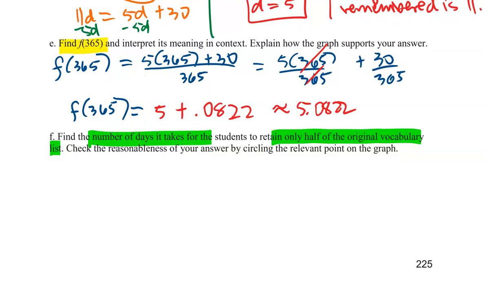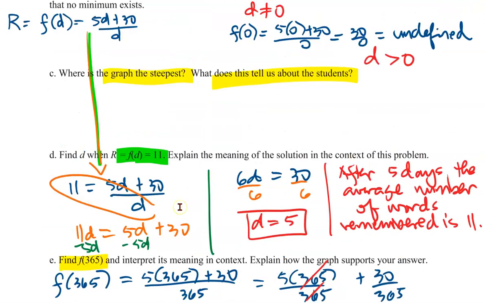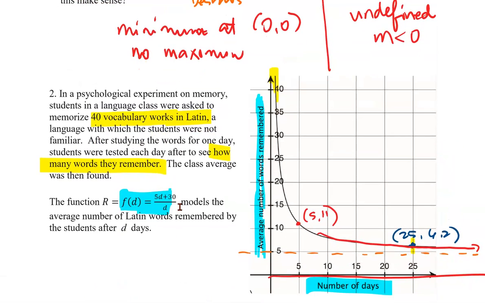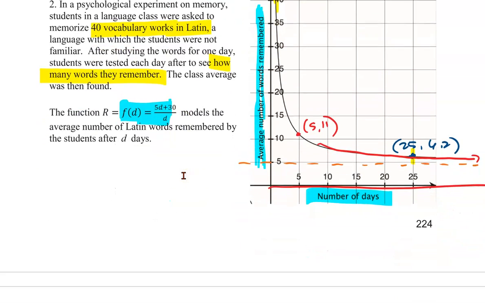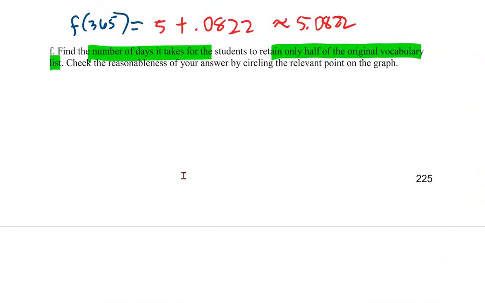So if you go back to the original problem, the students were asked to memorize 40 vocabulary words in Latin, and half of that is 20. So find the number of days it takes for the students to retain 20 words.